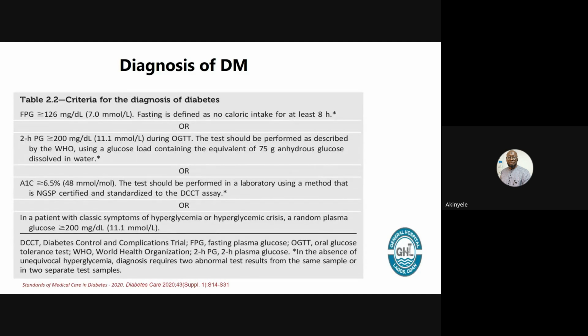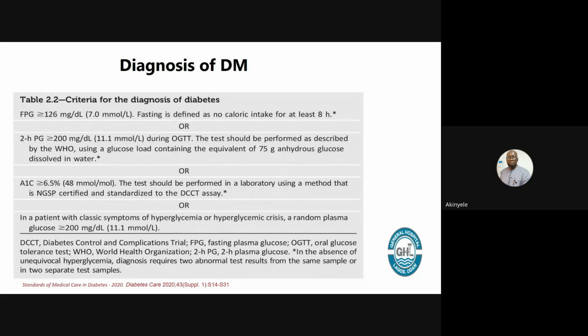If it meets the criteria on the screen, fasting of more than 126 milligrams or 2 hours post glucose load of 200 milligrams and above, that person is diabetic. Or you do the HbA1c in addition to either the fasting or 2-hour postprandial blood glucose level. And if the A1c is already more than 6.5, then the person can be diagnosed as having diabetes.